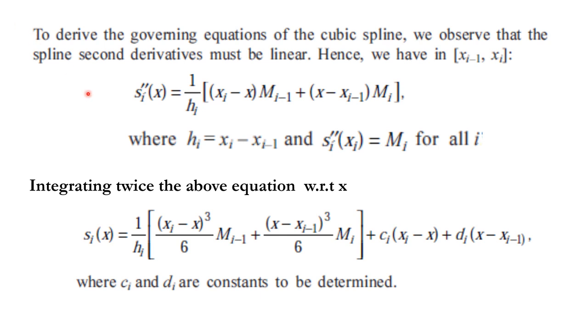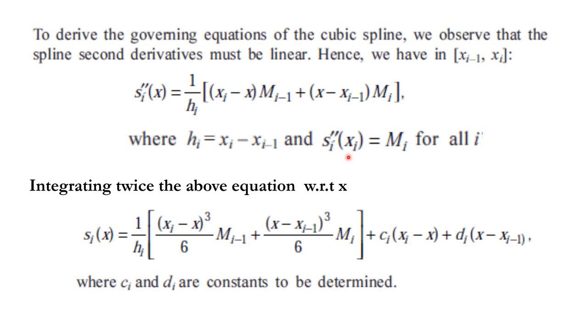That is, we assume the form si double prime of x equal to 1 by hi times [(xi minus x) mi minus 1 plus (x minus xi minus 1) mi], where hi equal to xi minus xi minus 1, and mi equal to si double prime of xi. So we have to find the si of x.